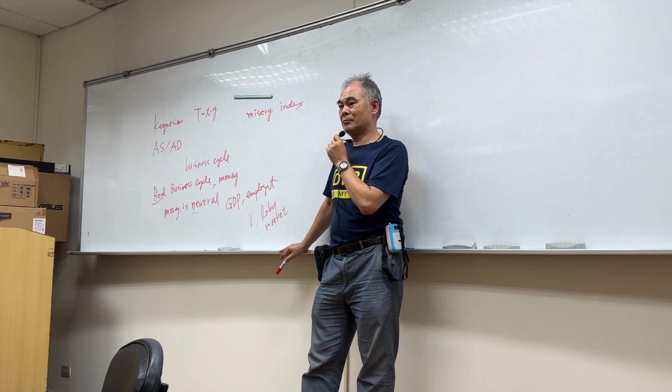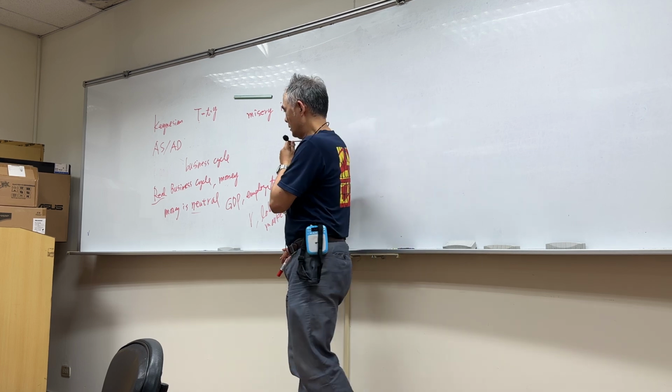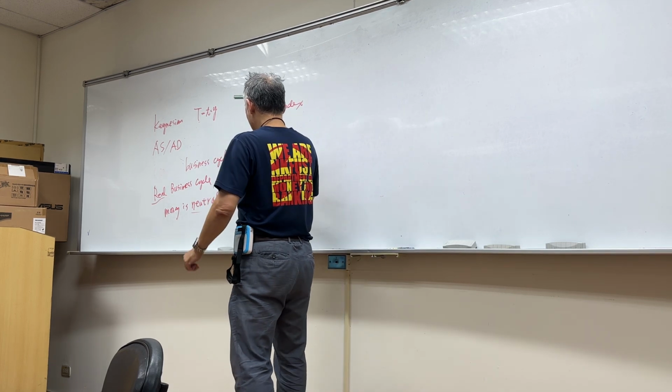He insists that his idea is right. And basically at this point, all economists believe that money in the short run will have some impact on some real variables. But in the long run, money is neutral. It only affects the inflation rate.